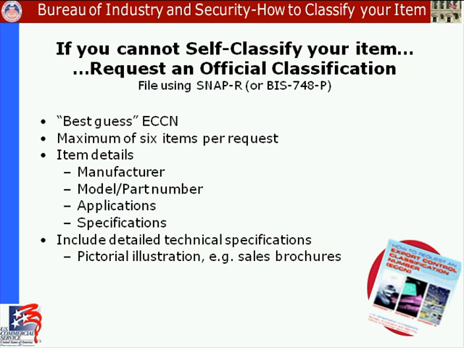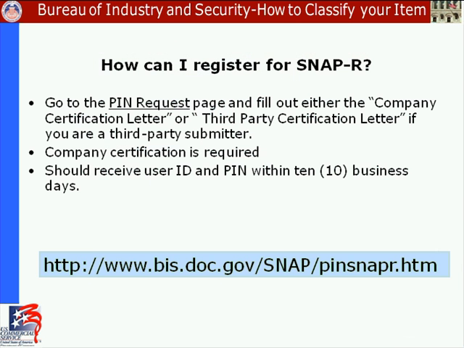And then SNAP-R is not really my expertise, but I'll quickly tell you, if you want to submit a commodity classification request, or you want to submit a license application electronically, and actually right now it's required electronically, the first time you have to apply for access to our SNAP-R system.